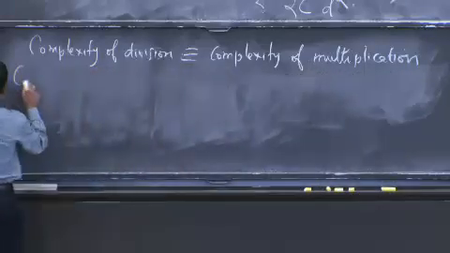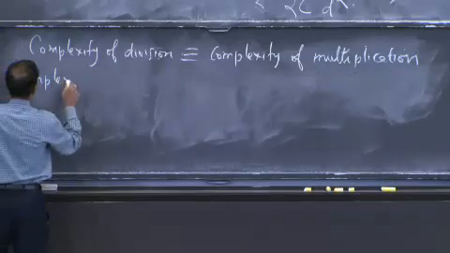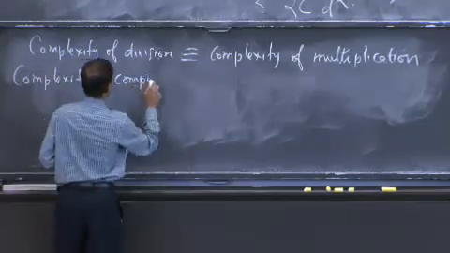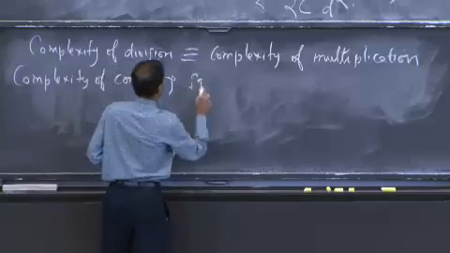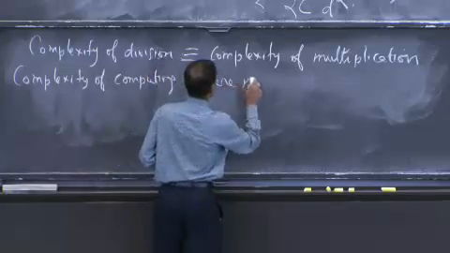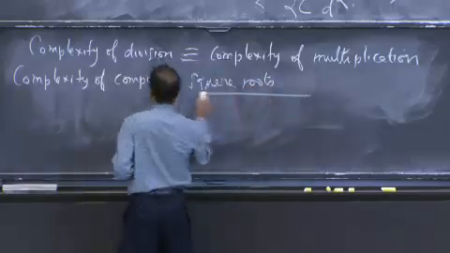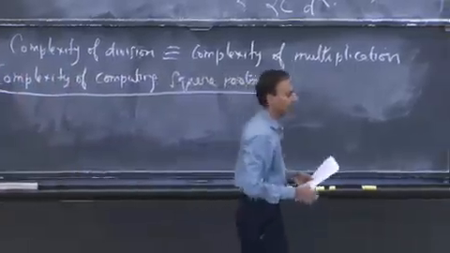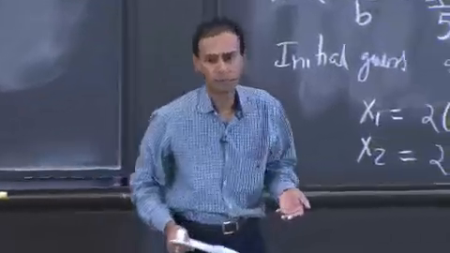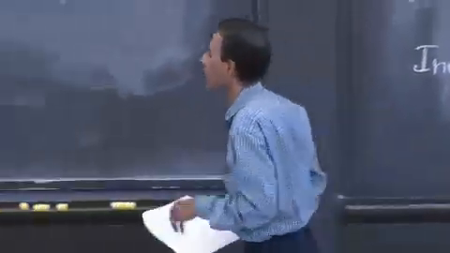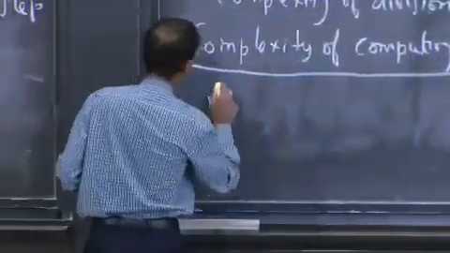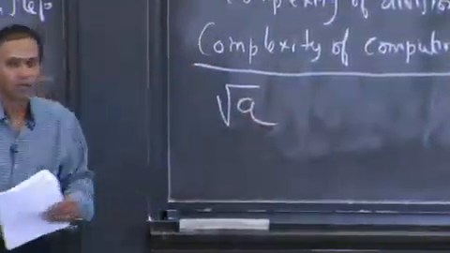So let me finish up and talk about the complexity of computing square roots. As you can imagine, even though you have two nested Newton iterations here, you can make basically the same argument. So let's recall what we're doing in terms of computing square roots. We want to compute the square root of a.